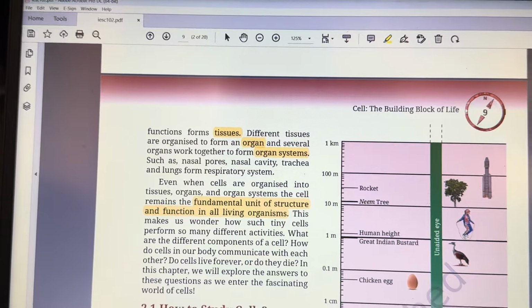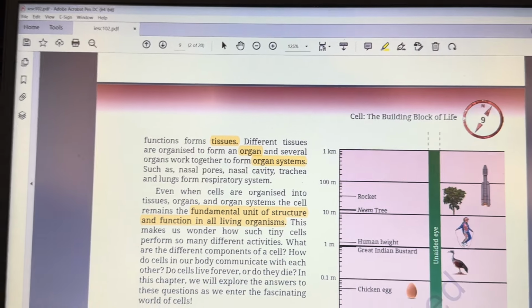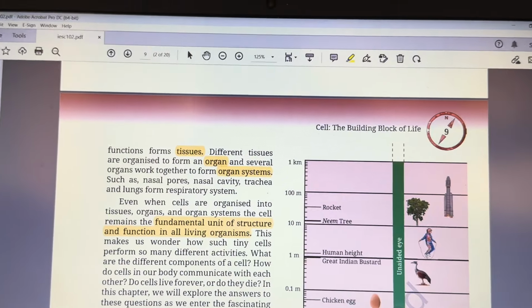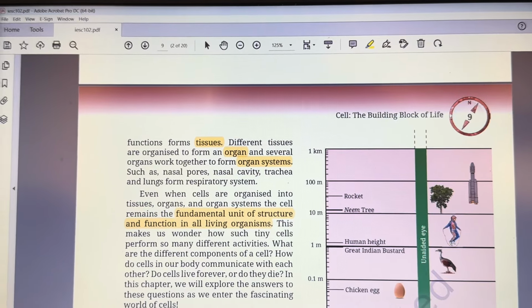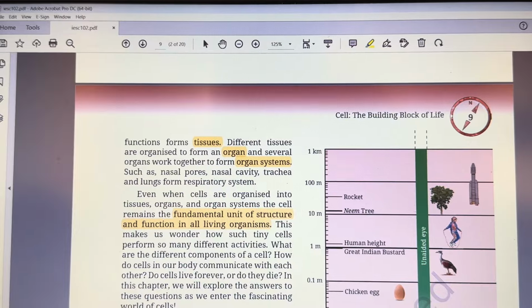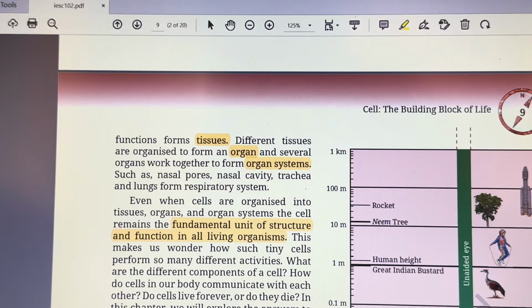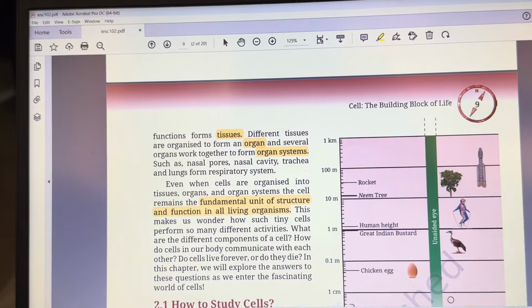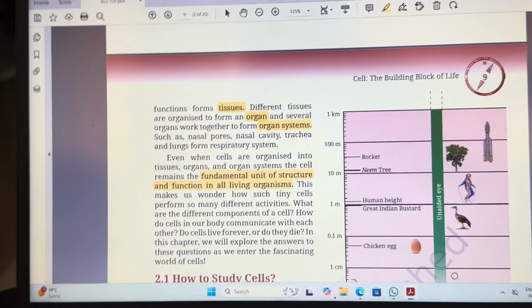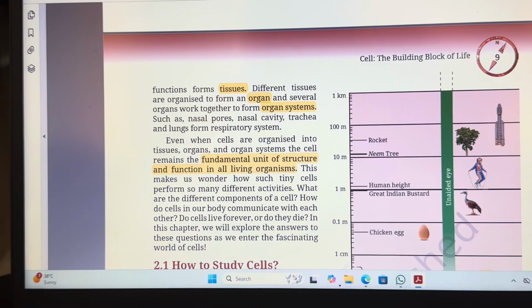What are the different components of a cell? How do cells in our body communicate with each other? Do cells live forever or do they die? In this chapter, we will explore the answers to these questions as we enter the fascinating world of cells. So, we will get these answers after reading this chapter.